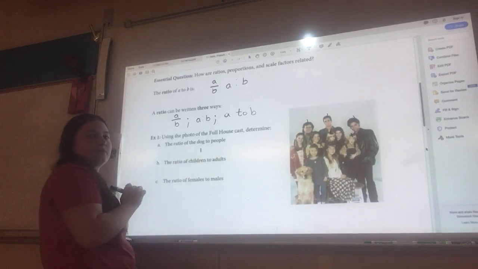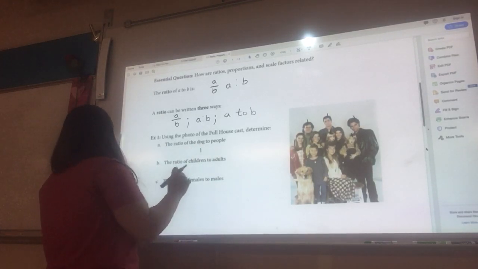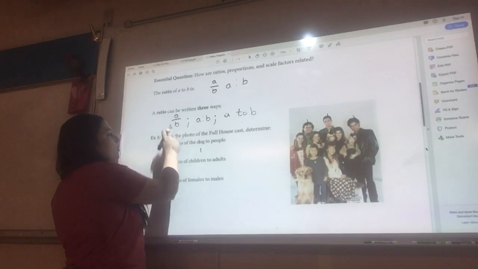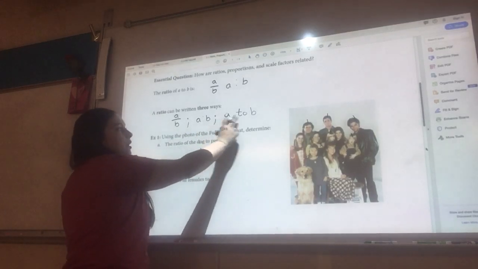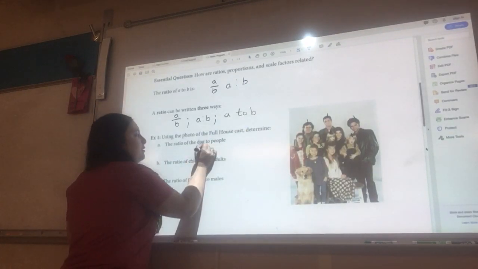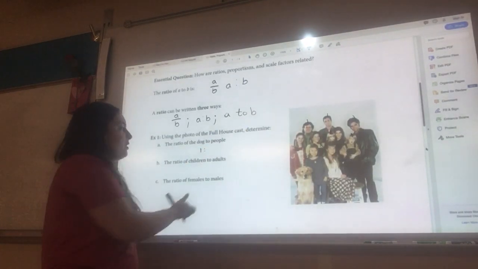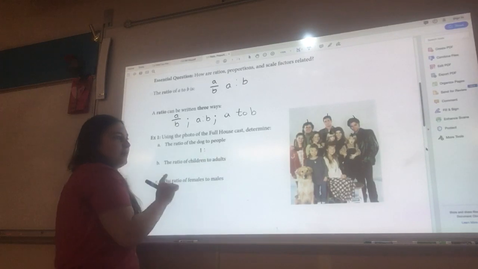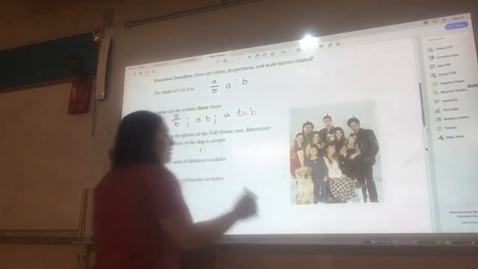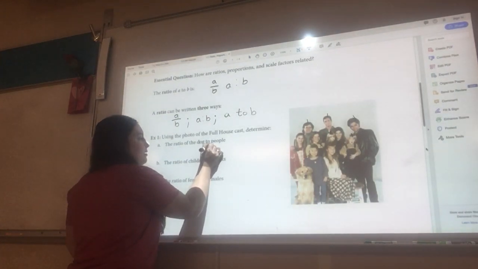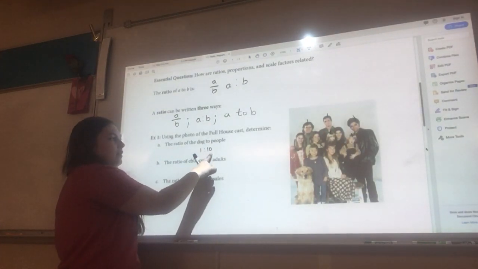There is 1. And we can indicate that to people: we can do 1 divided by people, 1 colon people, or 1 to people. I'm just going to do a colon. It's pretty simple. So 1 to the amount of people. We have 1, 2, 3, 4, 5, 6, 7, 8, 9, 10. So our ratio is 1 to 10. There is 1 dog for every 10 people.